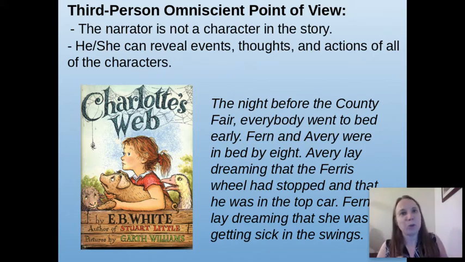And then it could switch to a totally different location and show what's happening to another character and even show what both are thinking. So here's an example from Charlotte's Web. I won't read the whole thing to you, but you'll notice in there that we can see what Avery is dreaming, what's going on inside her head, and we can also see what Fern is dreaming. So when we see what multiple characters are thinking and feeling, that's third person omniscient.